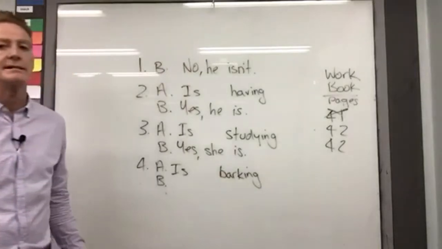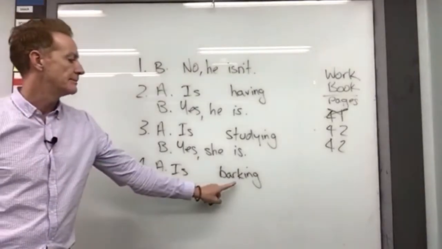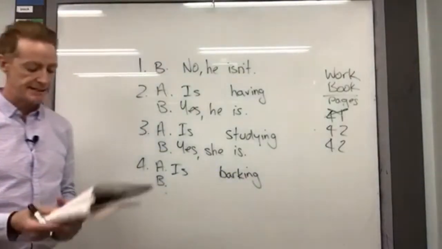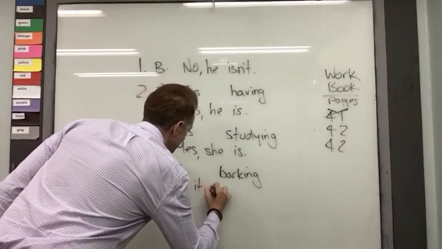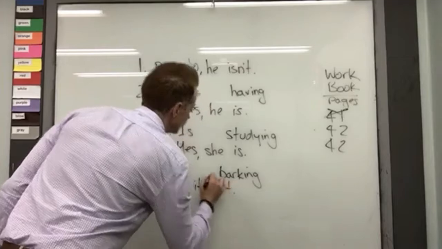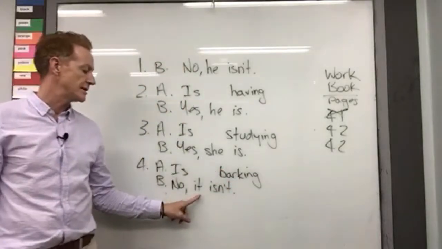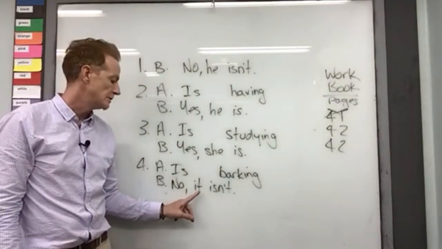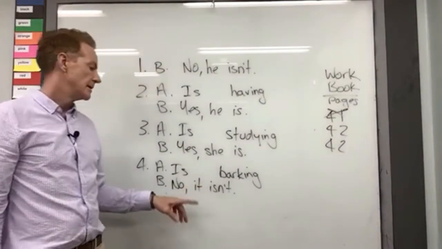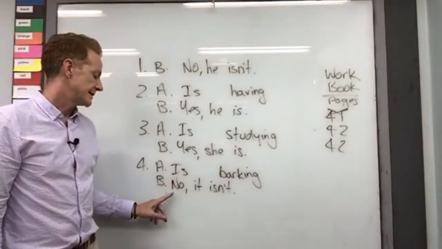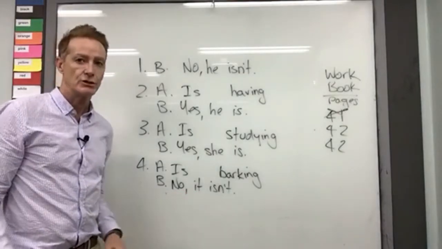Is your dog barking at strangers now? Answer, no, it isn't. It is the dog. If your dog is a boy or a girl, you can say, no, he isn't, or no, she isn't. But we don't know because it doesn't say.